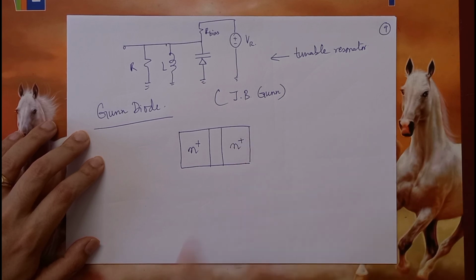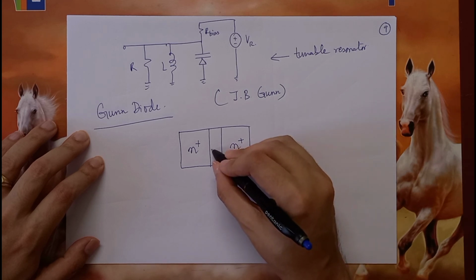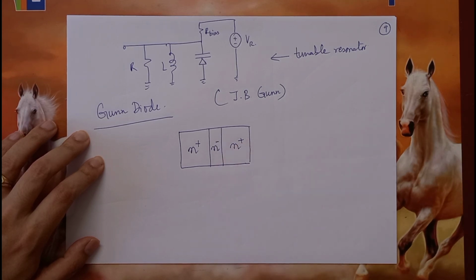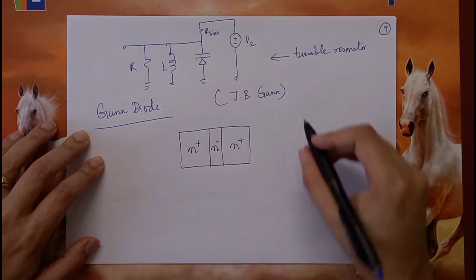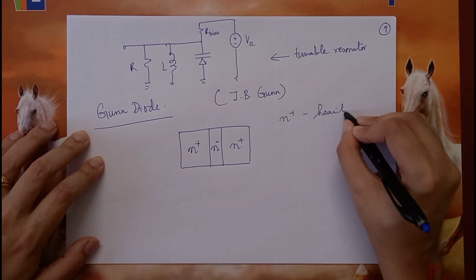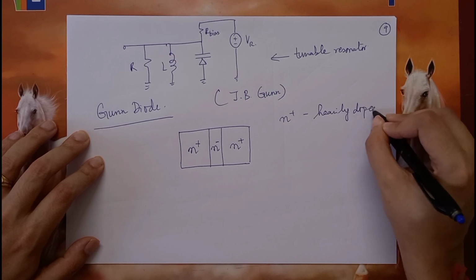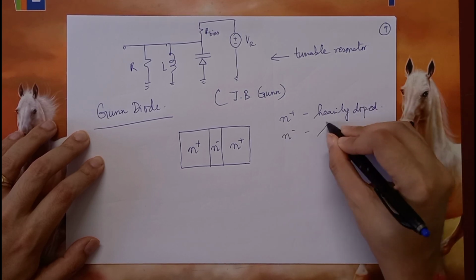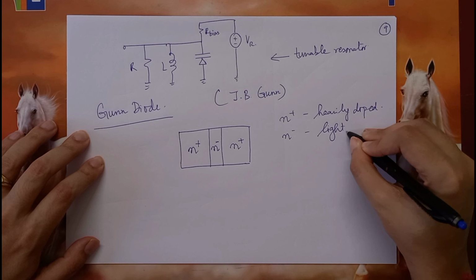The third layer is also N+. These two are identical. But over here in the middle, it is N-, which means it is lightly doped.